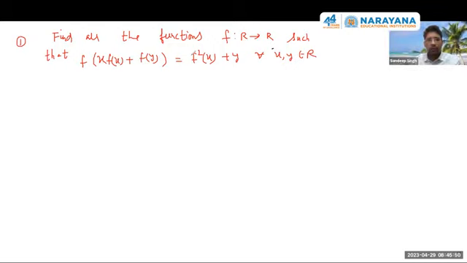First of all, before proceeding any further, let me name this equation P of x comma y. I need to formulate some constraints over here and ultimately that will be helpful to get f of x.